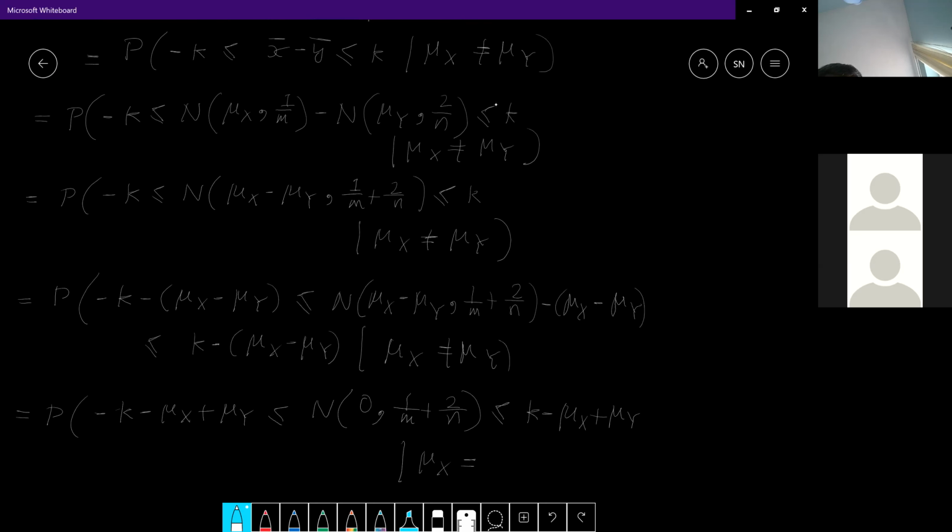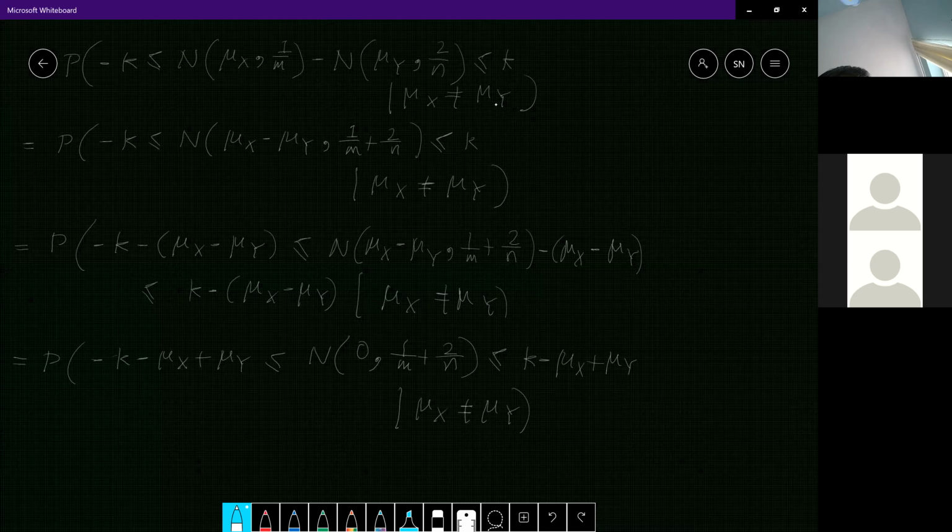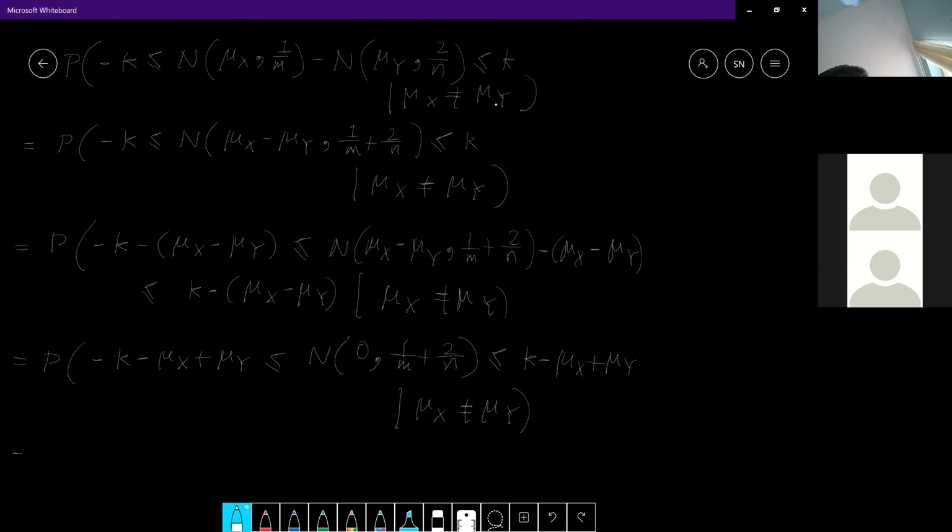Okay. Then the next step, I'm going to divide by the standard deviation. So I'm going to divide all the terms inside the probability by the standard deviation, which is the square root of the variance. So you get minus k minus mu x plus mu y divided by the standard deviation.